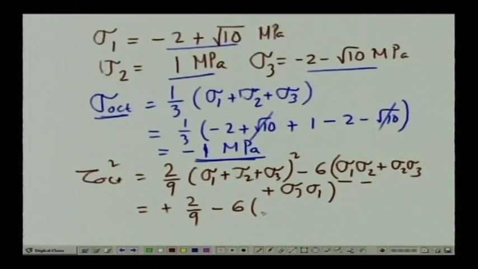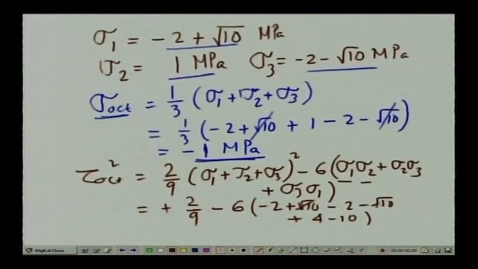Sigma 1 sigma 2 is minus 2 plus root 10, sigma 2 sigma 3 is minus 2 minus root 10, and sigma 1 sigma 3 is equal to plus 4 minus 10.